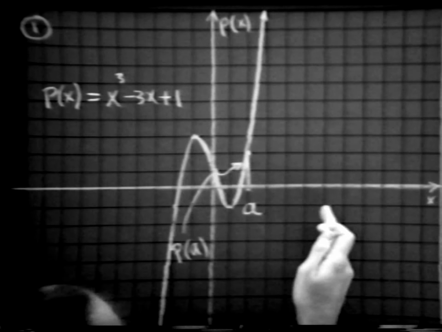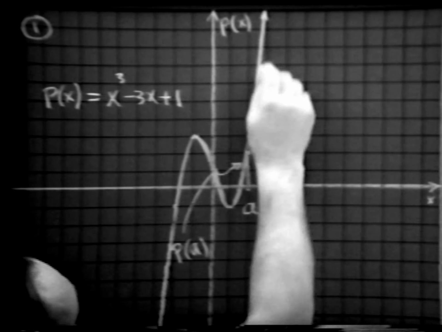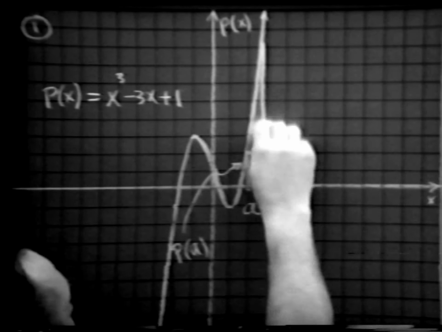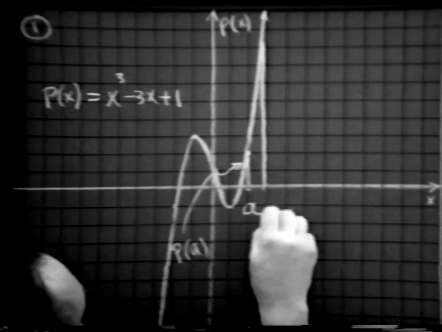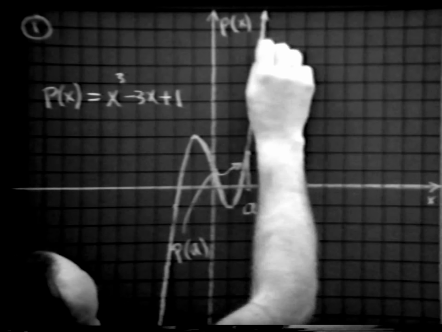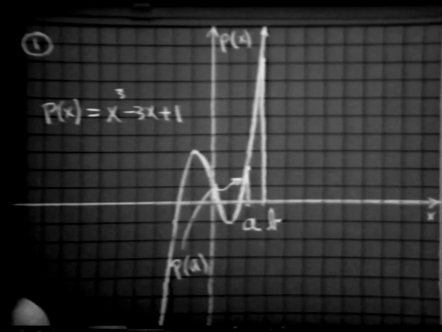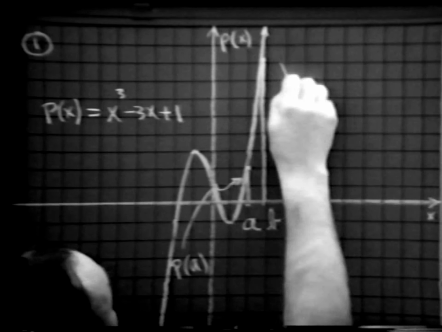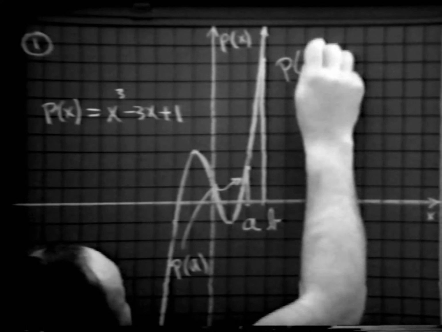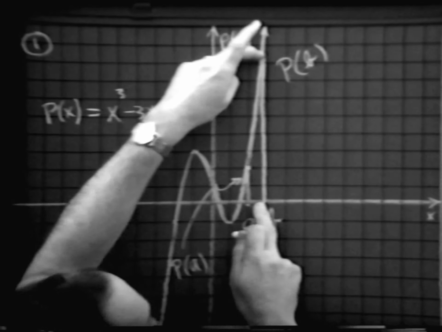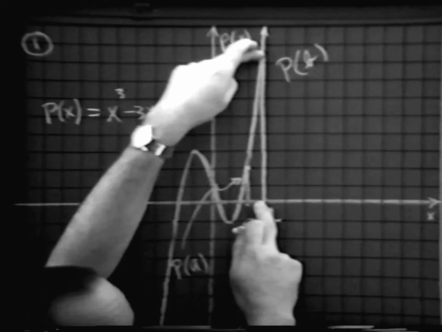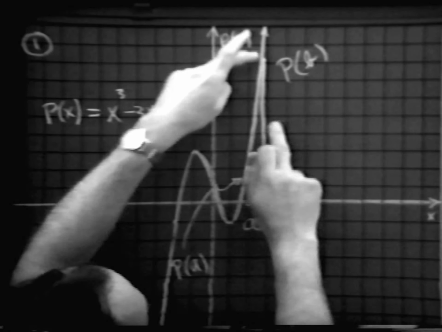Now, let me go away from A to the right some amount, it doesn't matter where, and let's call this number right here B. So that associated with this point is going to be the coordinate of what? The point will have coordinates of what? P of B, right? In fact, you may think of that as this length. That's our second element of our ordered pair, where B is the first element and P of B is the second.